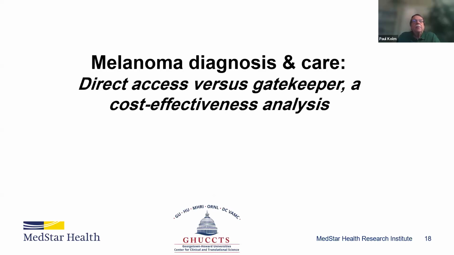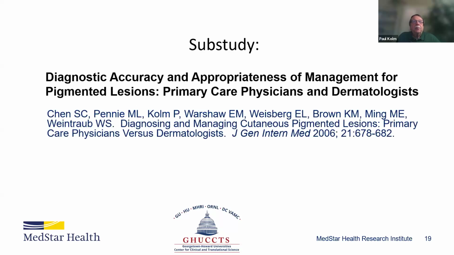So I want to go through a specific example to illustrate this, where we have multiple patients and multiple raters in the diagnosis of melanoma. And a sub-study of this was to look at the comparison of how accurate primary care physicians were versus dermatologists.